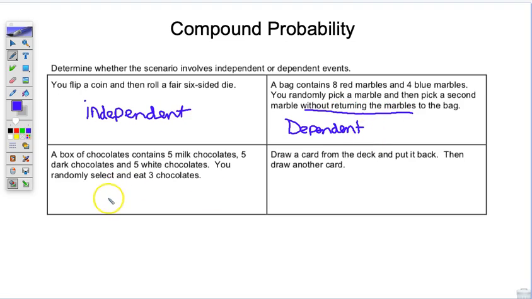The third one: a box of chocolates contains 5 milk chocolates, 5 dark chocolates, and 5 white chocolates. You randomly select and eat 3 chocolates. Well, once you have selected a chocolate and then you eat it, it is no longer available. So this would be an example of a dependent event.